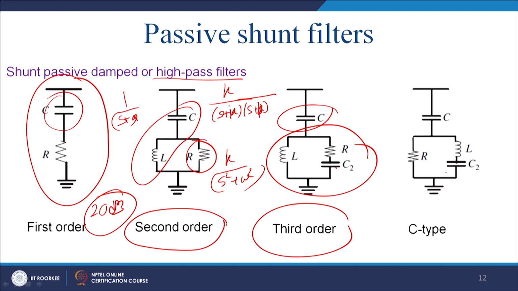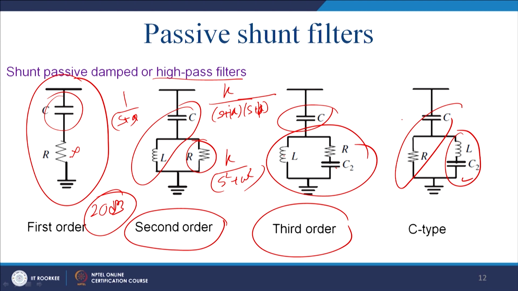Here you can see the L and C; you can go back, we first talked about the L and C filter for the single tune. This part is essentially the single tuned filter, tuned to a particular frequency, and this is essentially that.